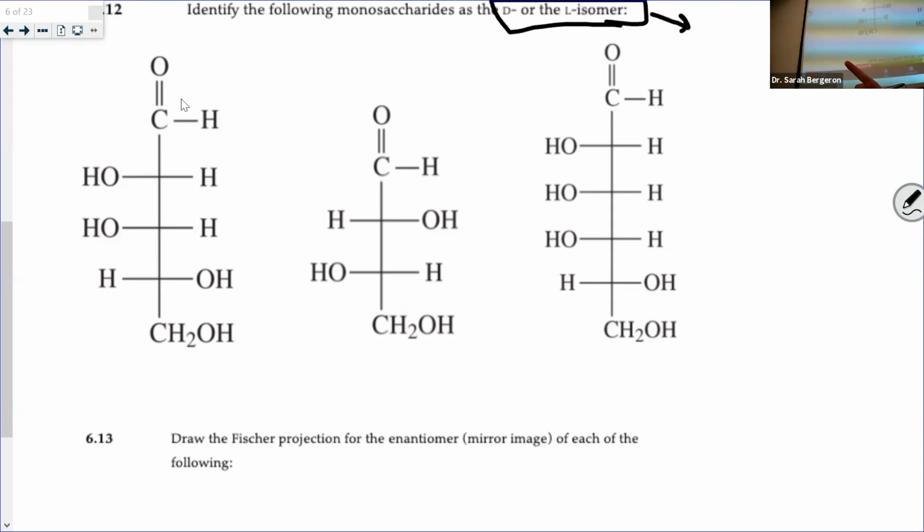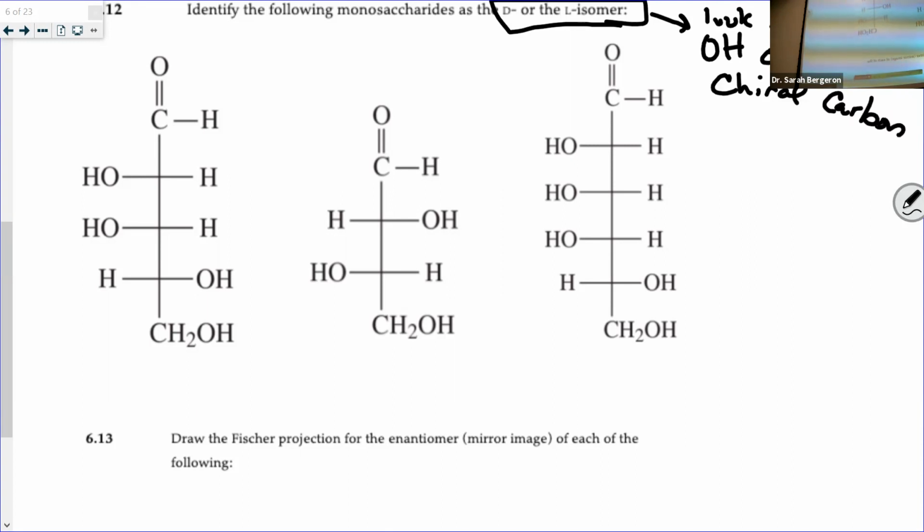Decide which OH is on. So you look at the OH on the chiral carbon farthest from the carbonyl.